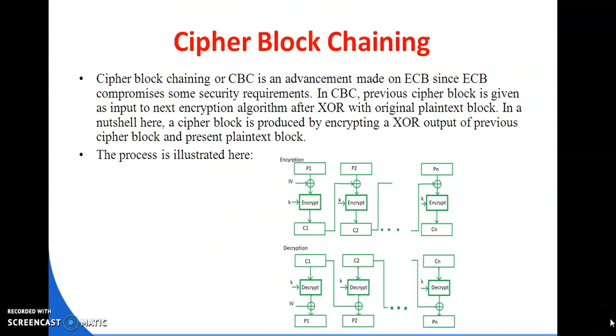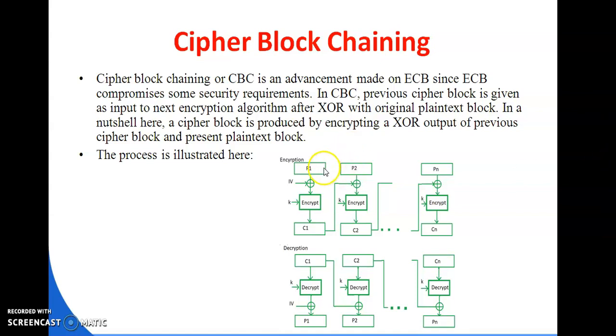Next is your cipher block chaining or CBC mode. In the cipher block chaining method, it is a feedback mechanism. First, the result of the encryption of the previous block is fed back into the encryption of the current block.